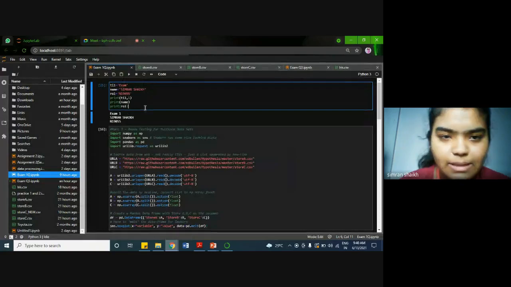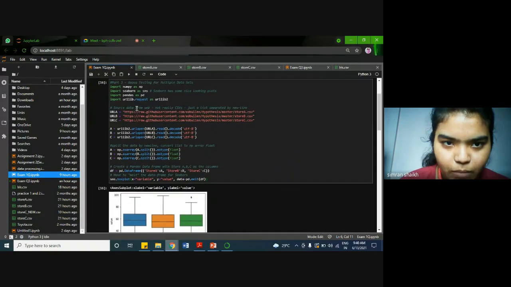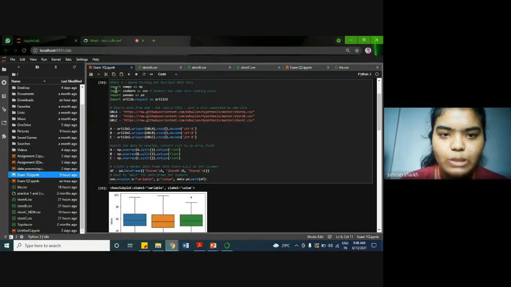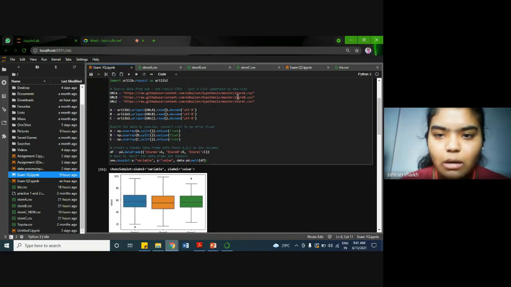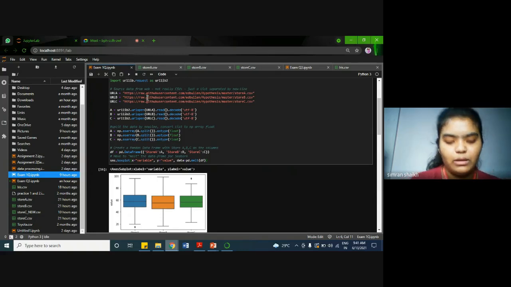The first tab over here is just my details. Now here, import NumPy as np. As I told you the reasons why we are using NumPy, Seaborn, Pandas, and the URL library. Now, as I told you, we are going to take our data sets from a URL, so we are giving the link and address of the URL.